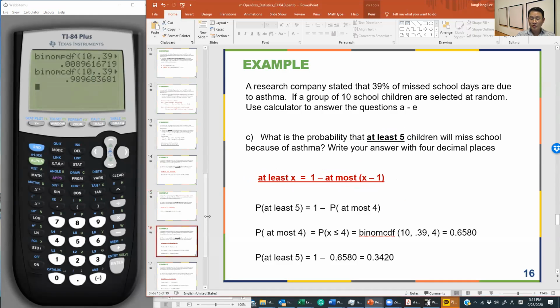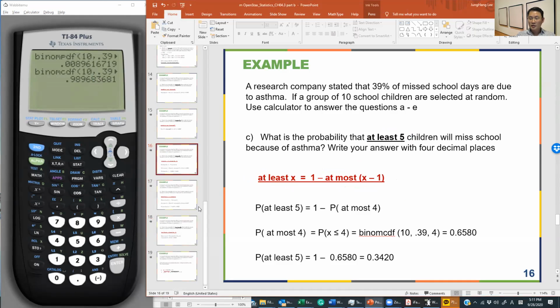Next one, we are almost there. Now, this one says the same question, same 39%, and we are selecting 10 children, but this one says not at most 5, it says at least 5.